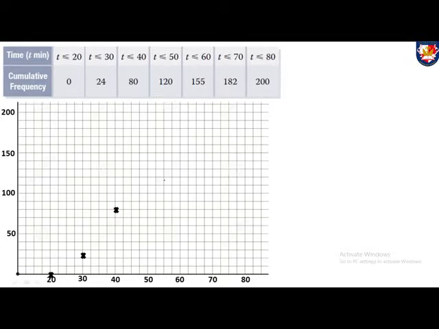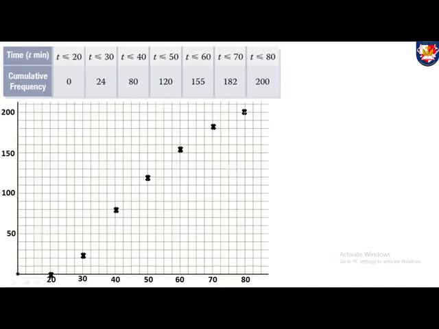And then for t less than 50 it is 120. As you can see here, this is around 120. And then for t less than 60 it is 155, around here. And then for t less than 70 it is 182, around here. And for t less than 80 it is 200.